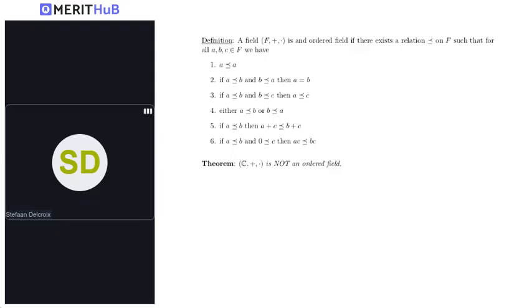What is the standard complex number that is not a real number? i. So, proof by contradiction. Suppose C is ordered.